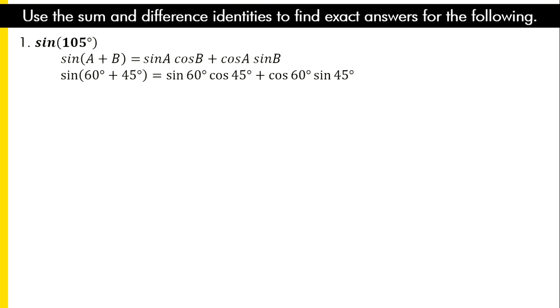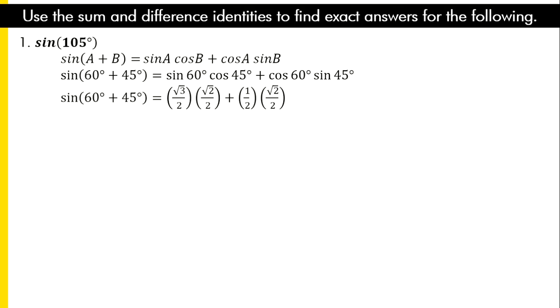Sine 60 is the square root of 3 over 2. Cosine 45 degrees is the square root of 2 over 2. Cosine 60 is 1 half. And sine 45 degrees is the square root of 2 over 2.